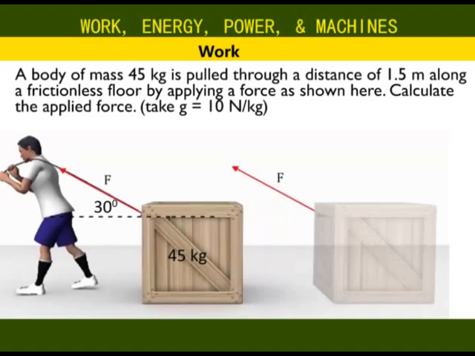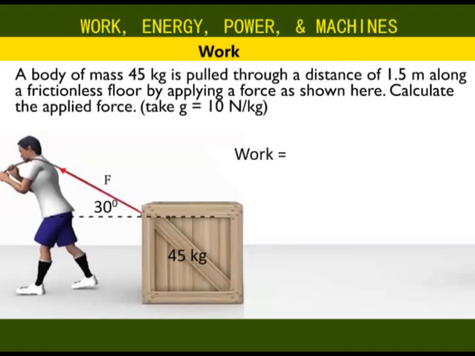This is a case where only a part of the applied force is used to do work. We know that work done is equal to force times distance. This force is equal to the weight of the box. So 45 kilograms times 10 newtons per kilogram to convert into weight times 1.5 meters.